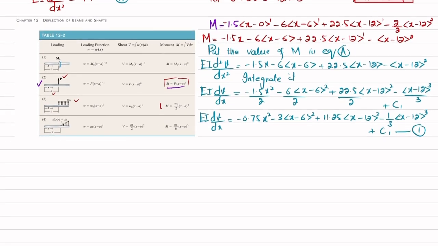Now what we will do is integrate equation number 1.